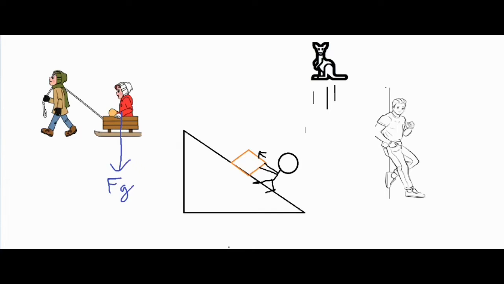In that case, you would have a force of gravity towards the masses that are next to it. But in most regular cases, you basically just have a force of gravity straight down because of the pull from the Earth.